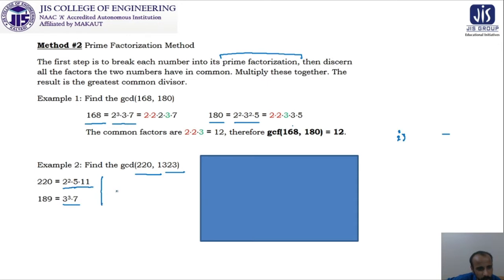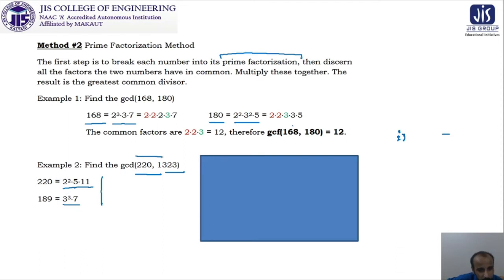Is there anything common? 2 is not present, 3 is not present, 5 is not present, 7 is not present, 11 is not present over here. So what is the common prime factor? None. Then there is no question of the power of a common prime factor. Then what will be the GCD of these two? The GCD of these two will be 1.